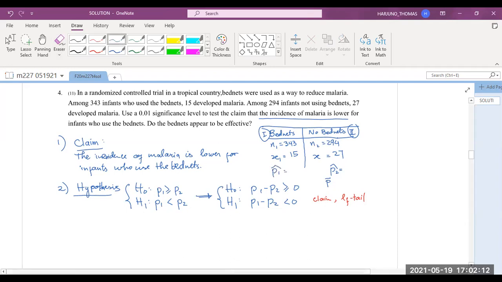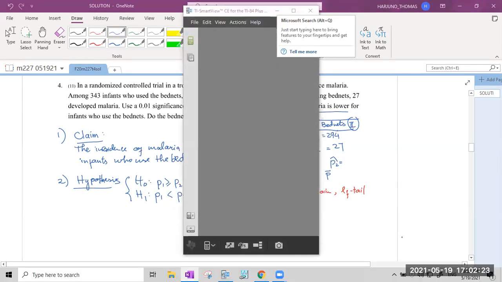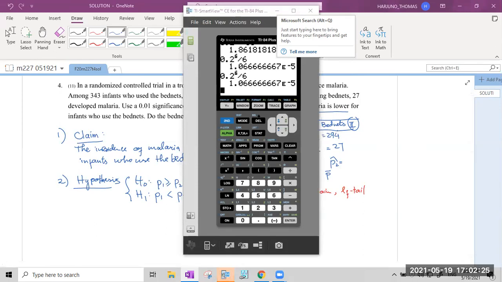Now let's just use the calculator right away. I will plug in these numbers to help me compute them fast. Okay, so I go to stats, tests, two-proportion z test. I hope you remember which one is that.